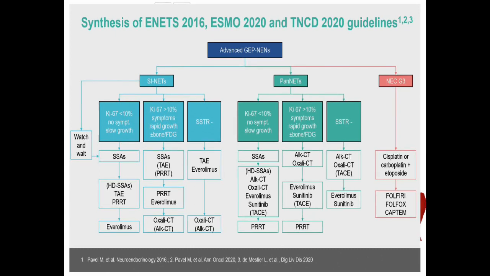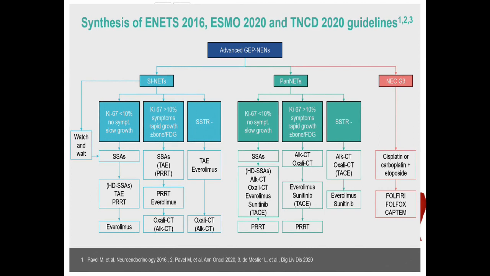In patients with more aggressive disease, Ki-67 over 10, symptoms, rapid growth, or bone metastasis, FDG-positive disease, which is also a marker for aggressivity, start with chemotherapy upfront, alkylating agents or oxaliplatin-based regimens. Everolimus and sunitinib are an option, as well as TACE in second line, and PRRT thereafter.